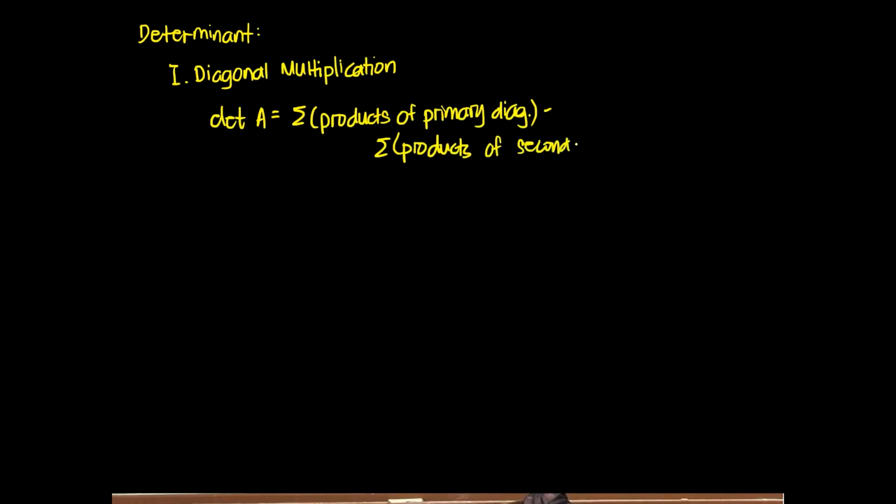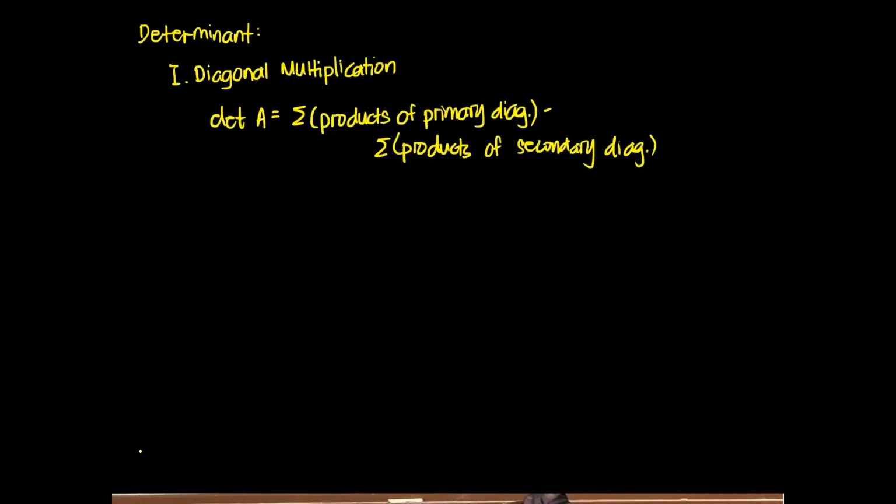Determinant A is basically the summation of the products of the primary diagonals minus the summation of the products of secondary diagonals.